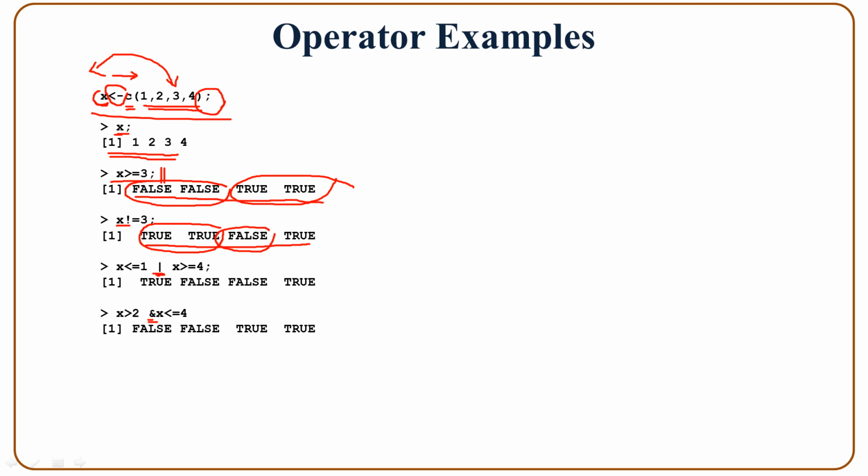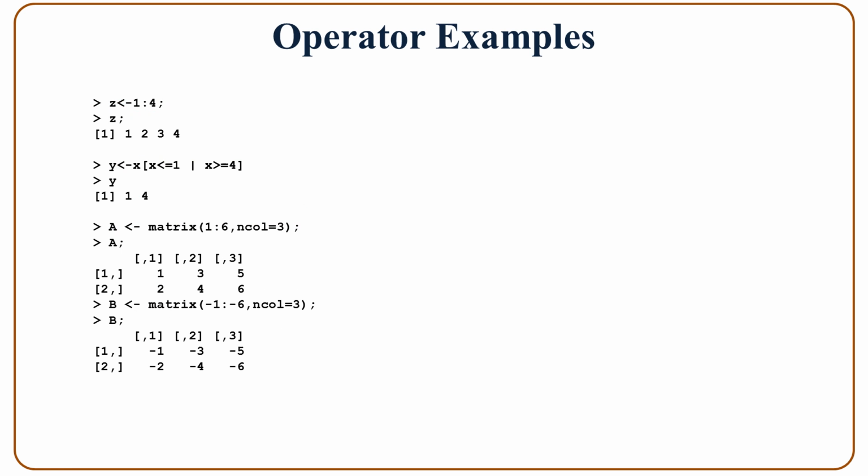You can use the colon or sequence operator to create a vector with elements that are consecutive numbers. So this means create a vector with elements starting from 1 up to 4 consecutively.